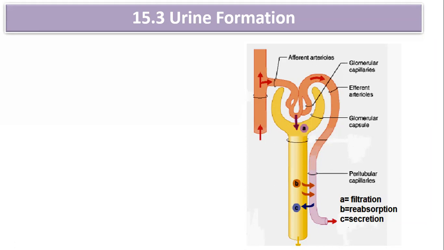Which substances are normally collected and transferred back? Creatinine, ions like potassium, and H plus ions. These are absorbed from the peritubular capillaries and transferred back into the renal tubule, and that process is known as tubular secretion, or augmentation.